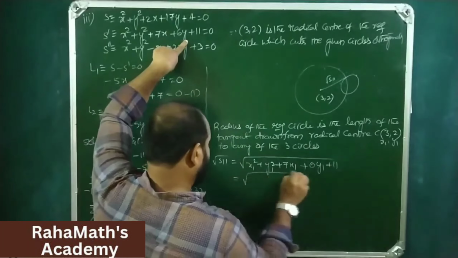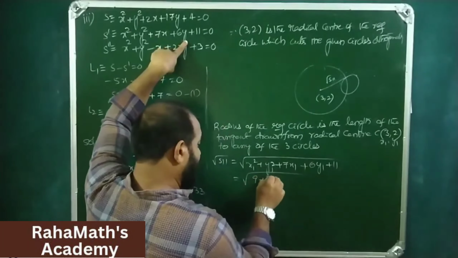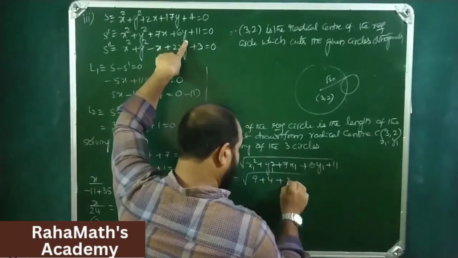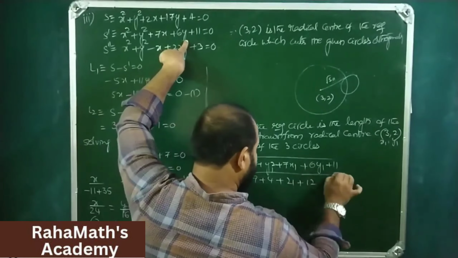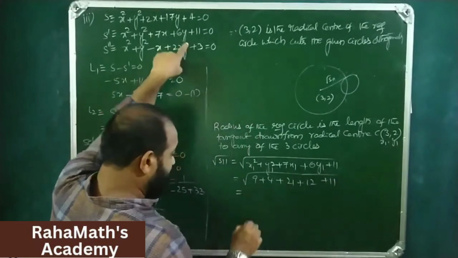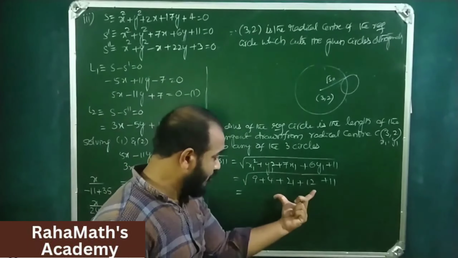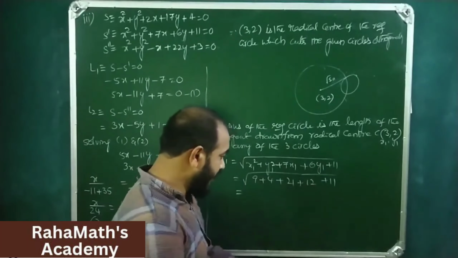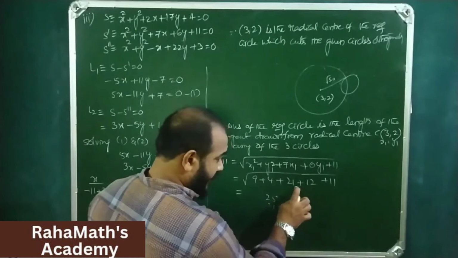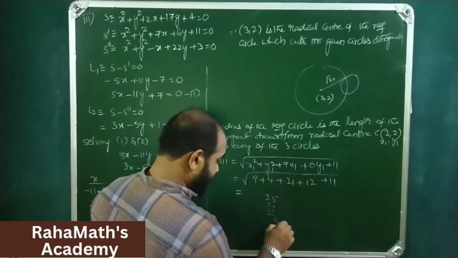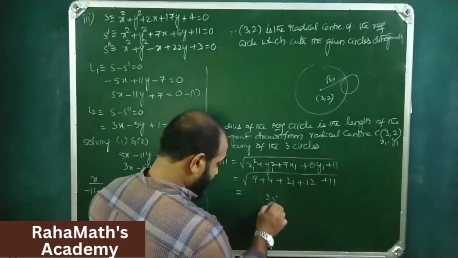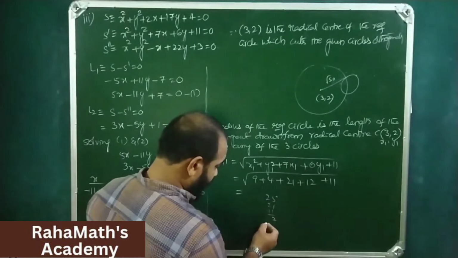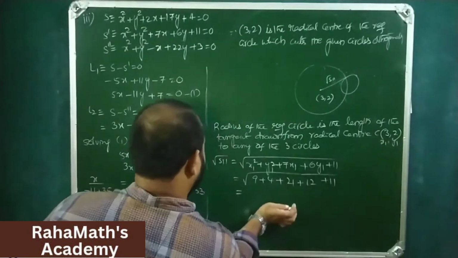This equals 3 square 9, 2 square 4, 7 3s are 21, 6 2s are 12, plus 11. 9 plus 4 is 13, 13 plus 12 is 25, 25 plus 21 is 46, plus 11 is 57. So root 57.